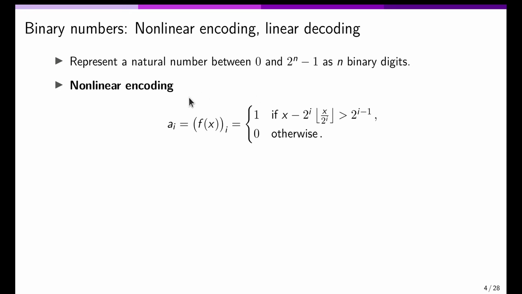We could write what the math is of converting x, our number, into a sequence of activities. In this case, the activities are either ones and zeros. It's not quite intuitive what exactly this math is saying, but you can imagine what's happening in order to figure out whether each value should be a 1 or not.